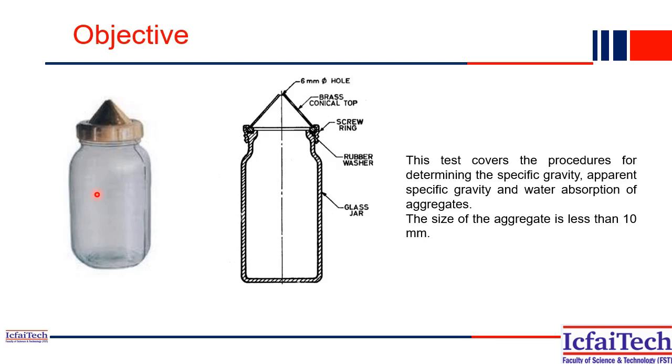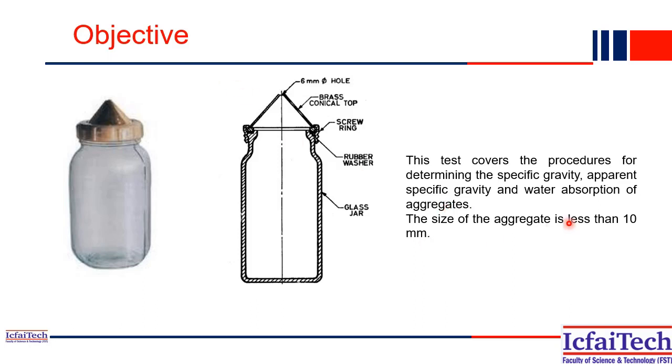Aggregate is basically of two types: coarse aggregate, which has higher dimensions, and fine aggregate, which has smaller dimensions. Using the pycnometer we can find the specific gravity and water absorption of sand too. The procedure is the same. If the aggregate size is less than 10 mm, we can use the pycnometer method to find the specific gravity and water absorption.